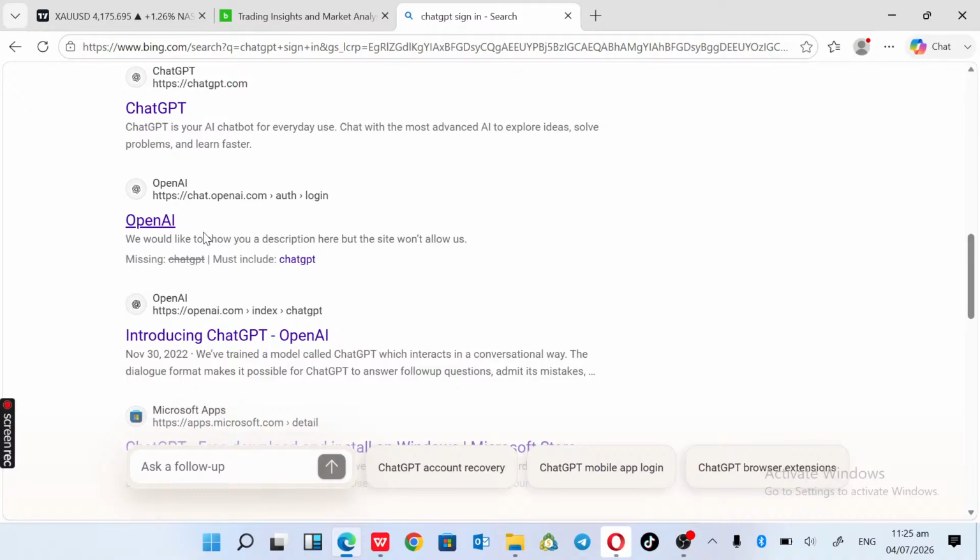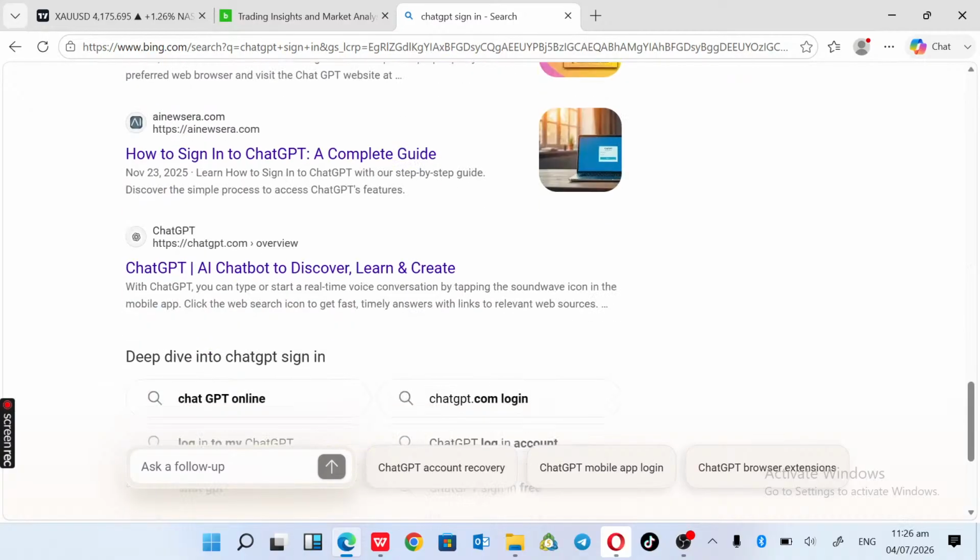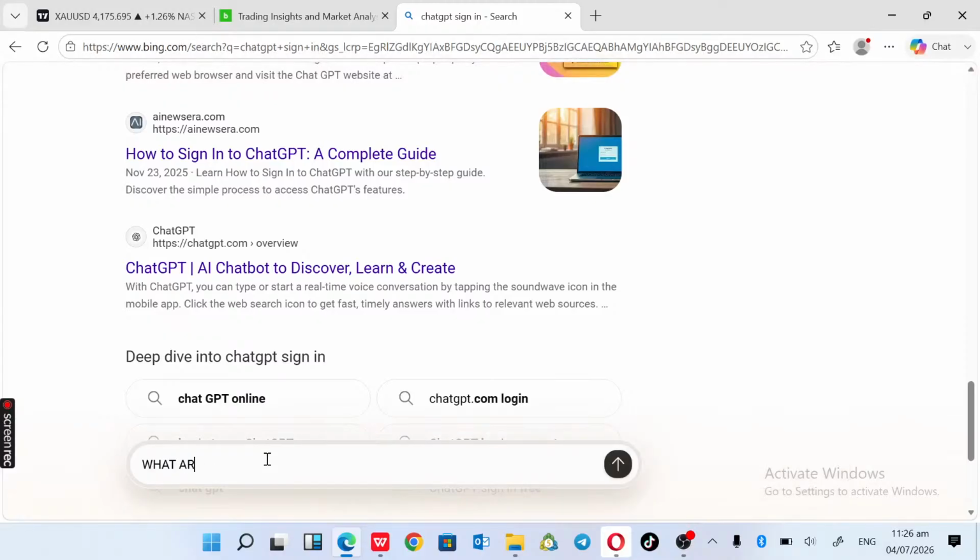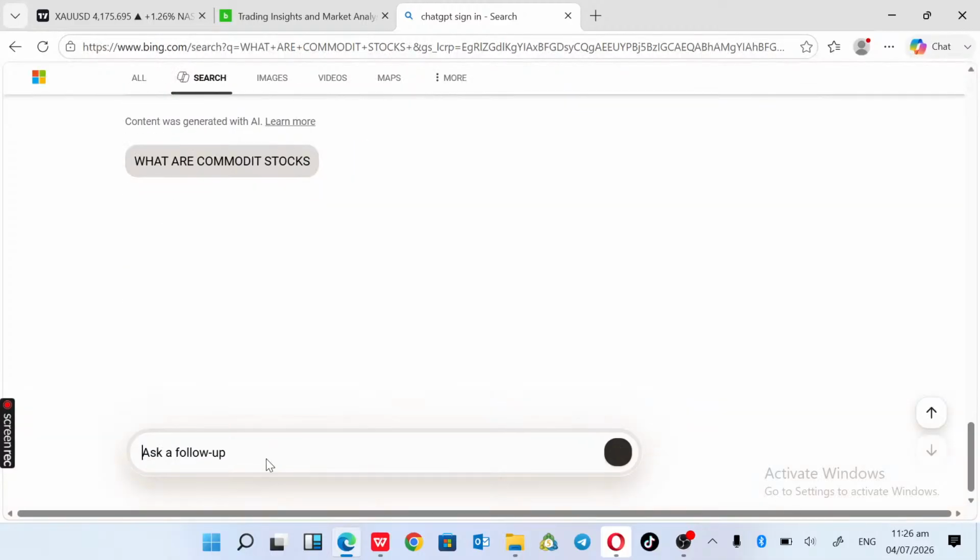But for us to get the full details so that you can see what we have, let's see what it's going to give us.